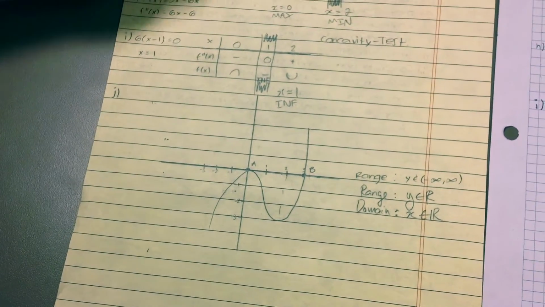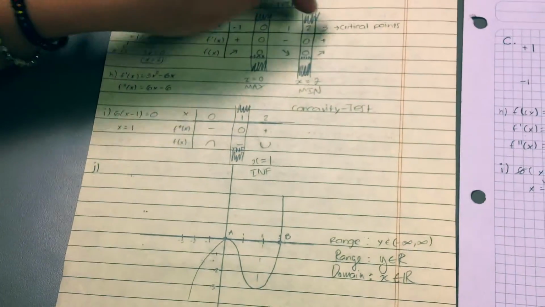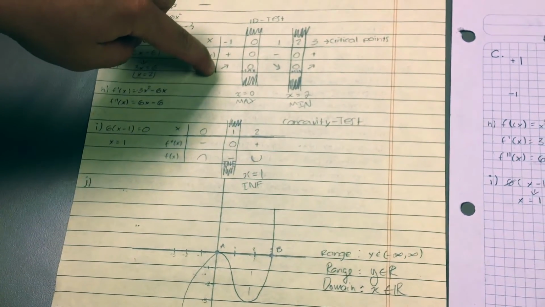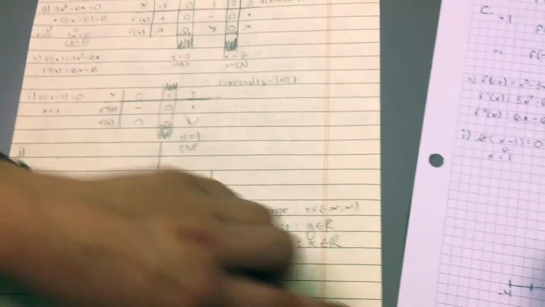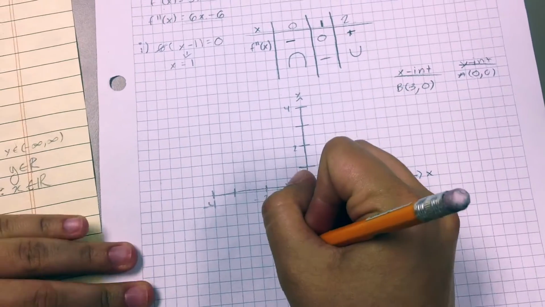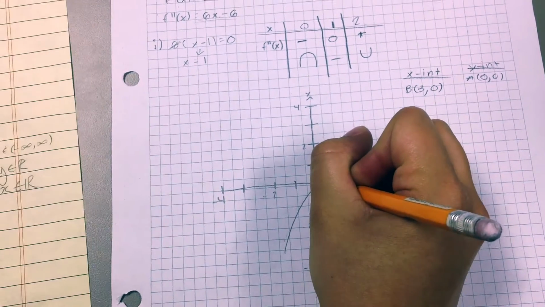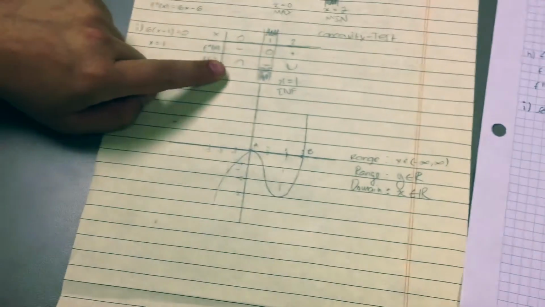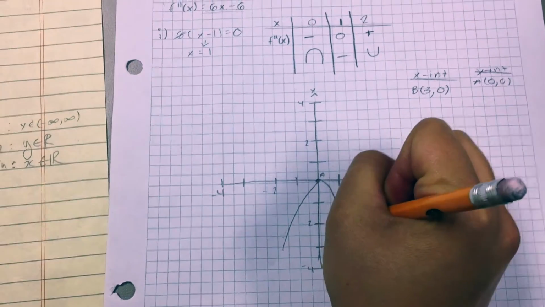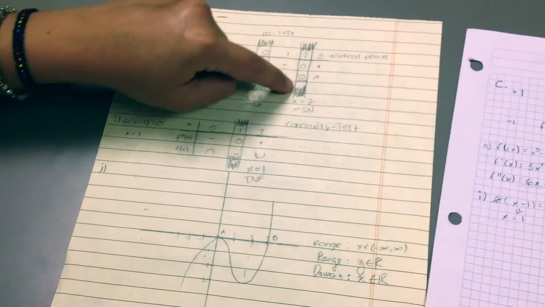So if we have 0 and 2, we know that it's going to go from the maximum that is 0. So we start here, taking into account also the concavity. And we just continue, and we know that at 2, it changes again because it is our minimum.